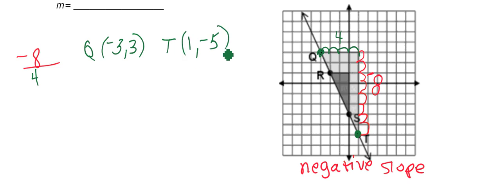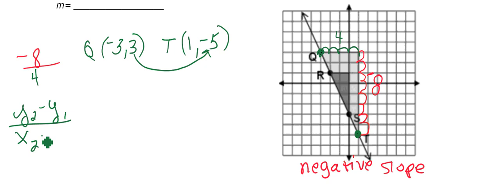So remember, if I want to find the change in my Y, I'm looking at how I get from 3 to -5. So using my slope formula, which is on your formula chart, y2 minus y1 over x2 minus x1, I'm going to subtract my second y minus my first y.